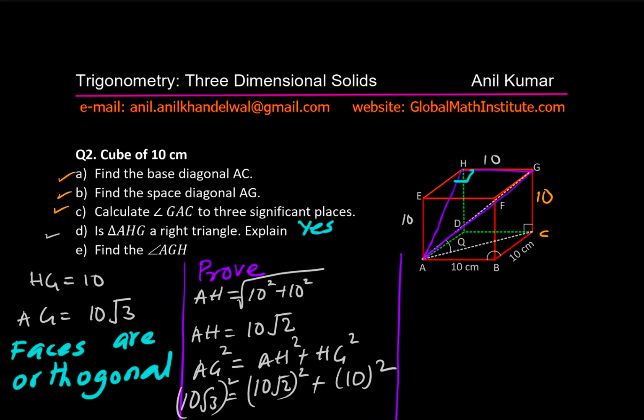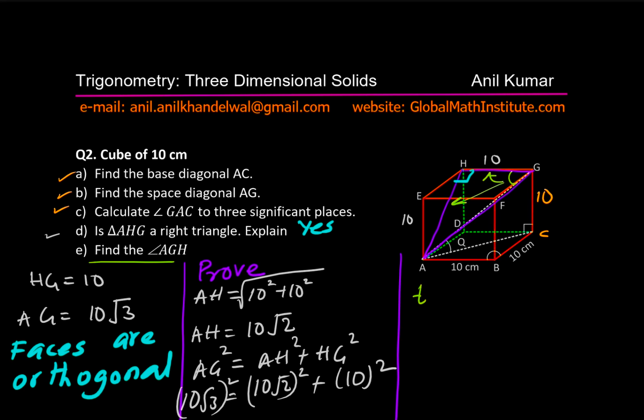Now, once you know that, then we can find this angle using the tan ratio. So we need to find the angle AGH. So AGH is this angle. When you look from this angle, that is the opposite side and that is the adjacent side.